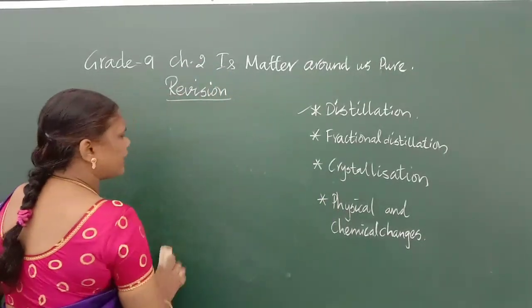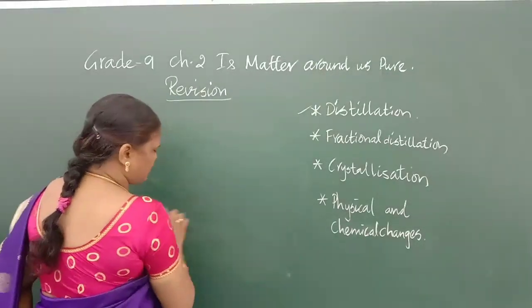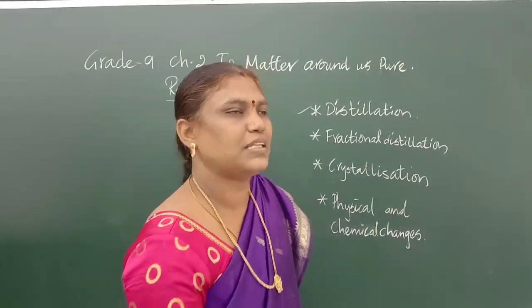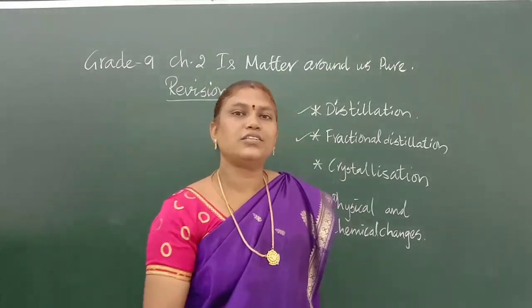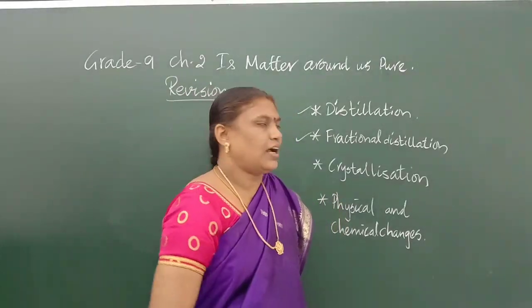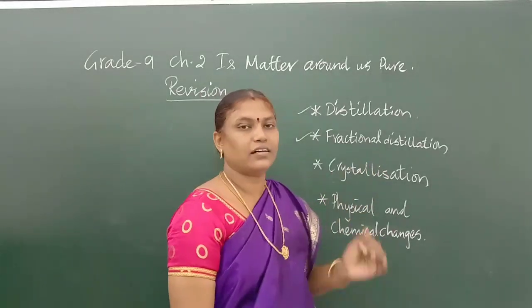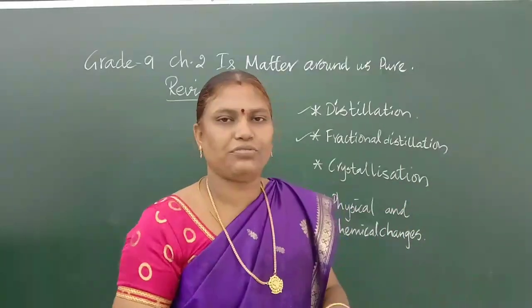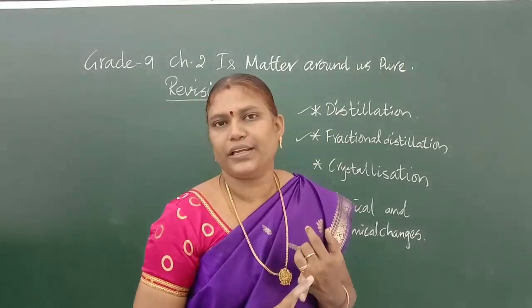While heating, evaporation takes place. While cooling, condensation takes place. This is for separating only two miscible liquids. With fractional distillation, we can separate more than two liquids, and here you need not have a boiling point difference of more than 25. It can be of any difference; no need to bother about the boiling point.